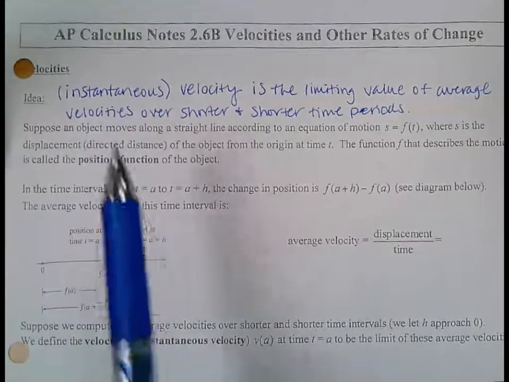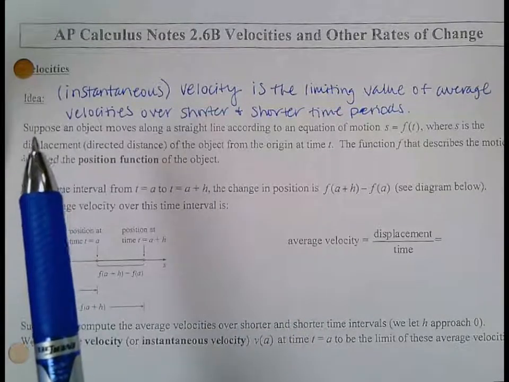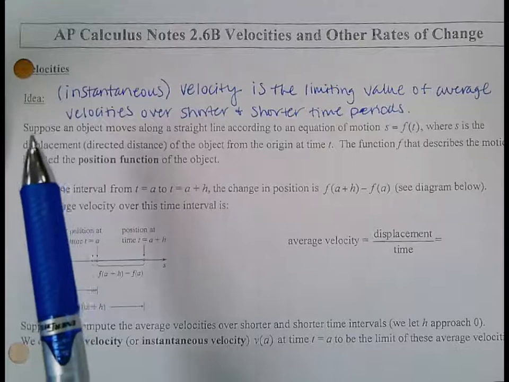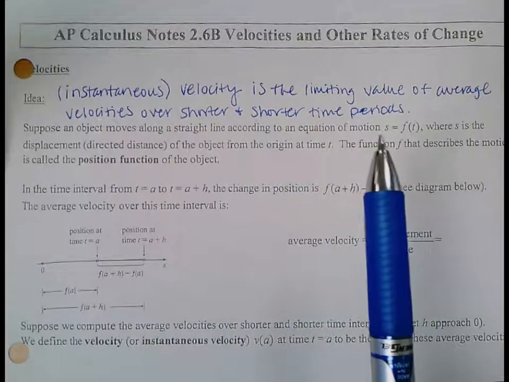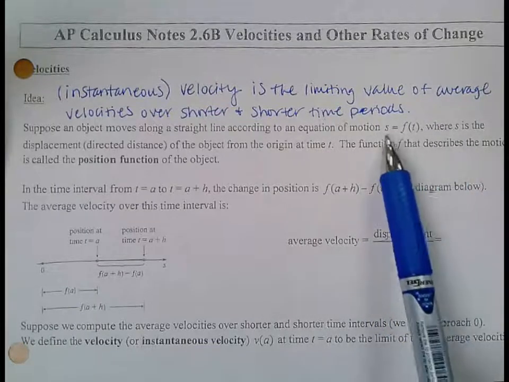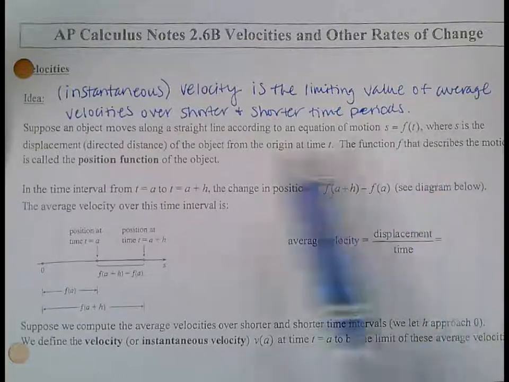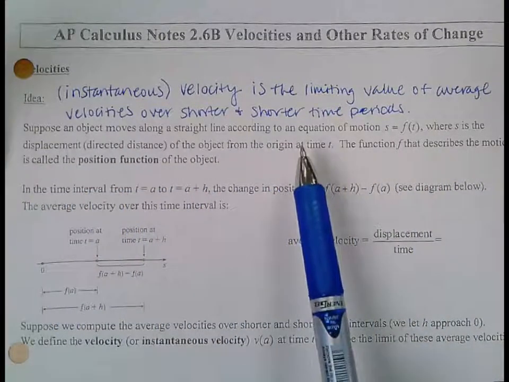To show you how this fits into what we did with tangent lines, suppose an object moves along a straight line according to an equation of motion, and they usually use s as the variable that describes position. So s equals f of t. s is the displacement, or the directed distance, of the object from the origin at time t.